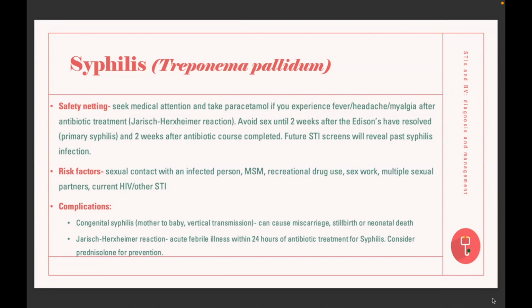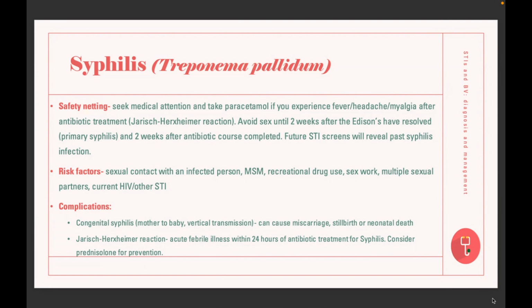Patients need to avoid sex until the symptoms have resolved in primary syphilis, and 2 weeks after their antibiotic course has been completed. And we need to make them aware that future STI screens will reveal that they've had syphilis in the past. That's very important for them to know, just for future healthcare and for their privacy as well.